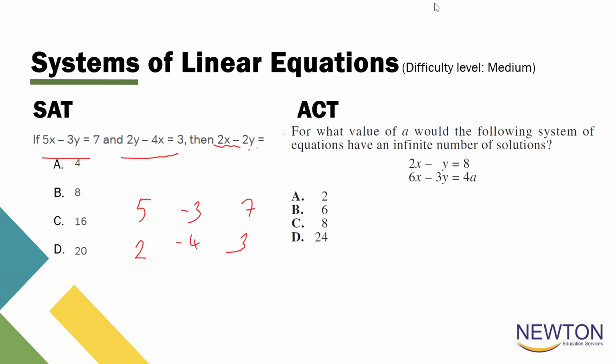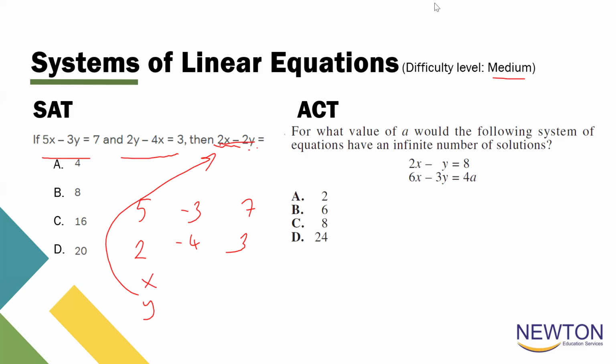And I will get a value for x and a value for y. The question does not end there, because if it had ended there, this would have been an easy level. It's medium because the question asks for 2x minus y. So I have to use my answers and plug them into this equation to get my final answer.